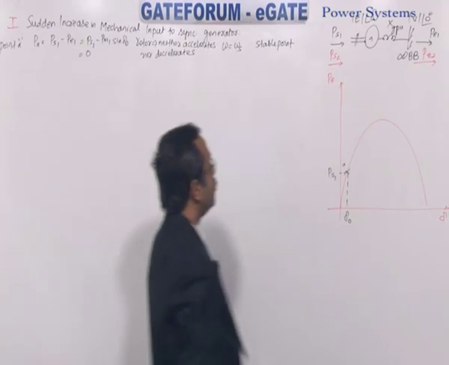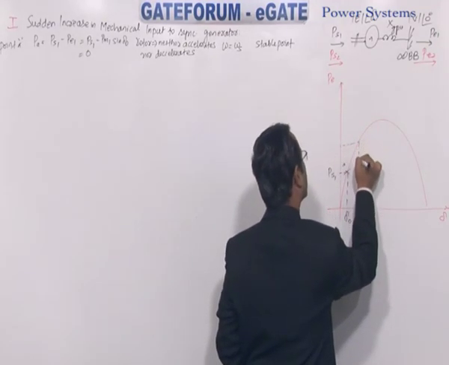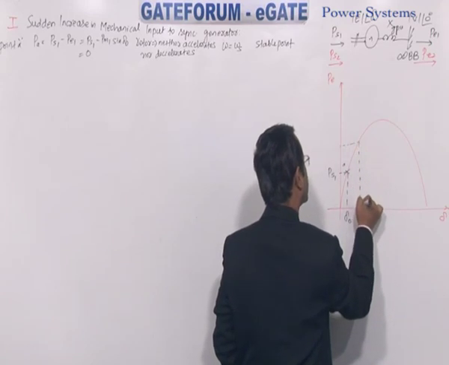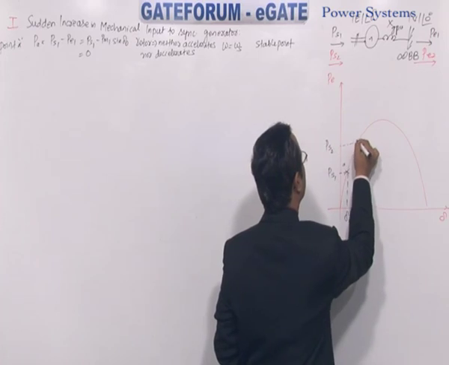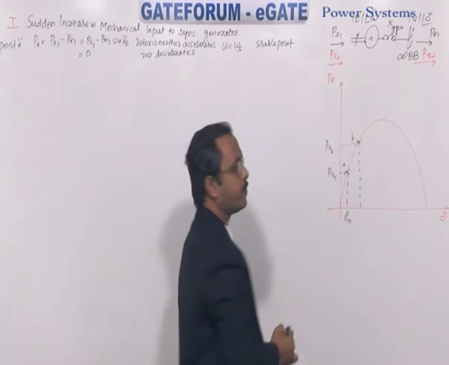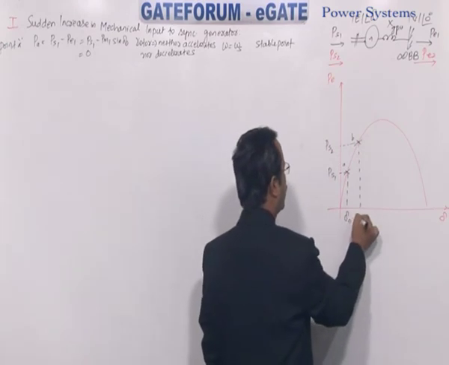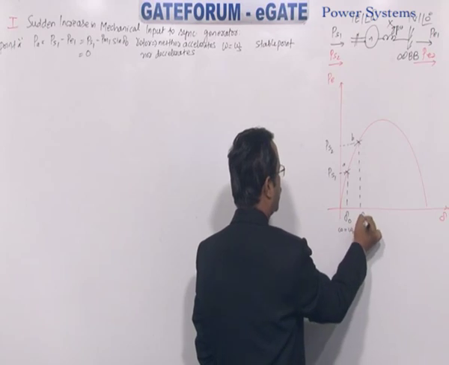Now you say mechanical input is increased to some value PS2. Say this operating point is B. Say the corresponding value of delta is indicated by delta 1.